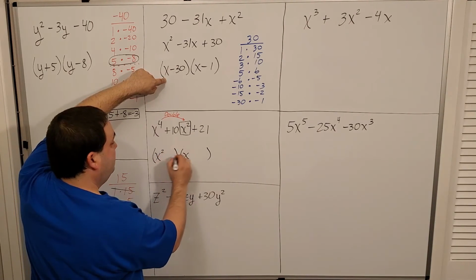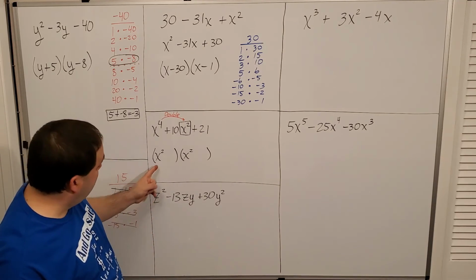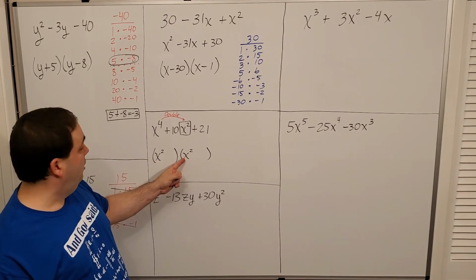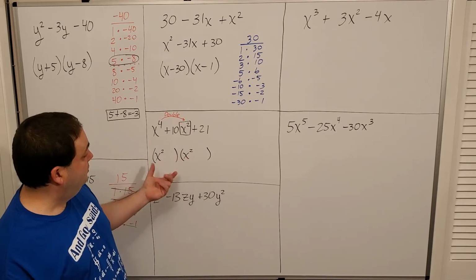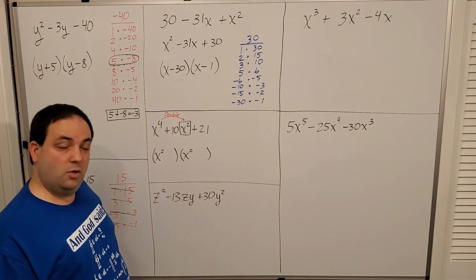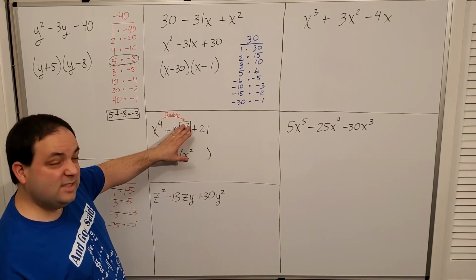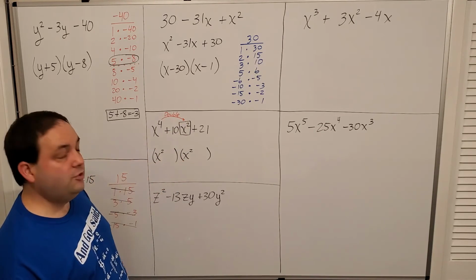So I'll be putting x squared here and here. And notice how that actually works out. Because if I do x squared times x squared, I get x to the 4th. And then when I do the other cross terms, right, I'll get 2 different things that are x squared that can combine. So it works out. If you have something that's double, then you simply use the middle one as your front runner for each binomial.